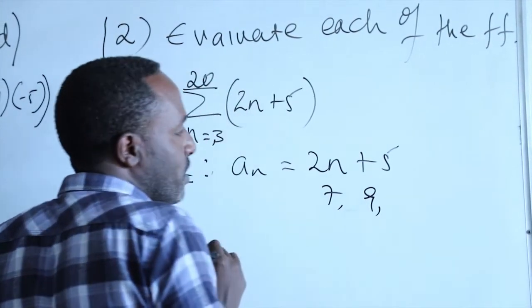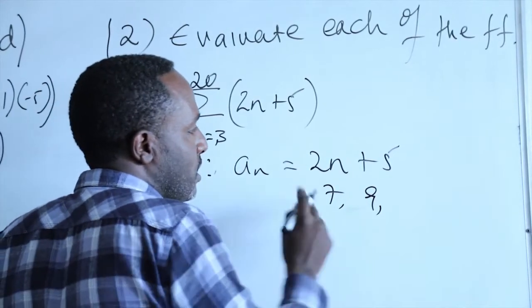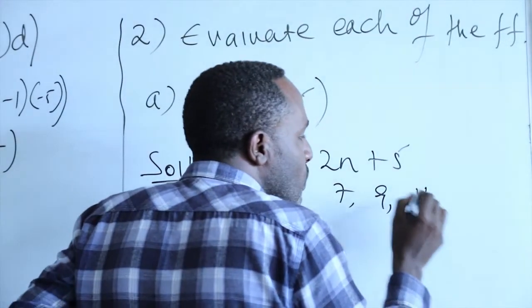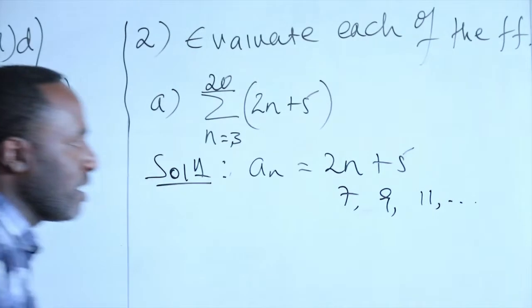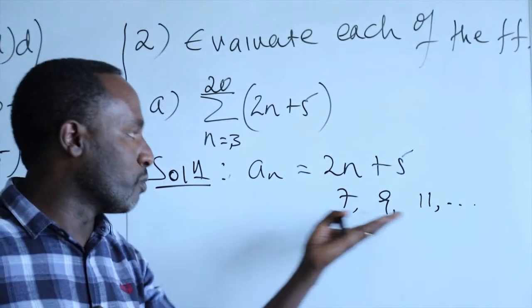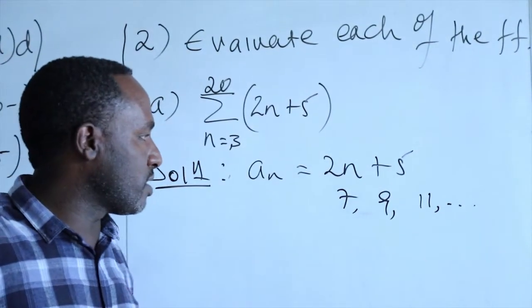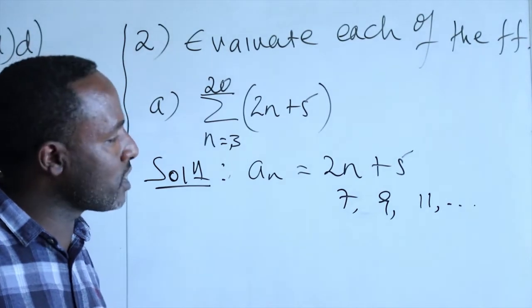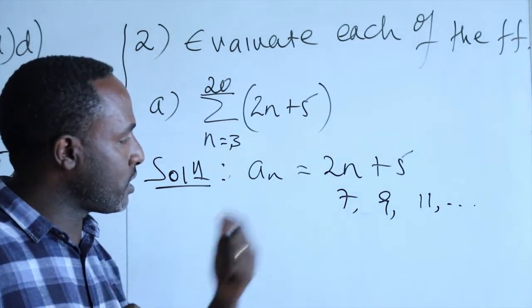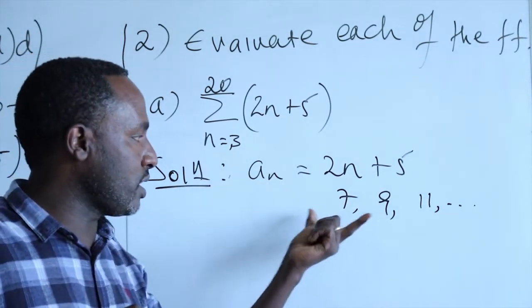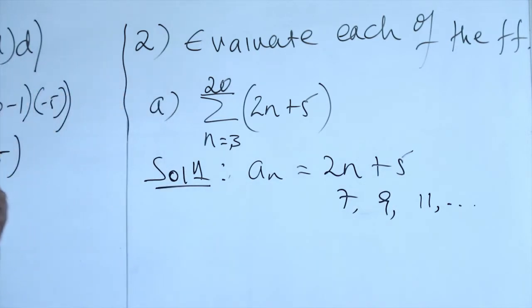If the value of n is 3, 2 times 3 is 6, 6 plus 5 is 11. So the sequence is given in such a way. As you observe, this sequence is called an arithmetic sequence or arithmetic progression, where the first term is 7 and the common difference d is equal to 2.